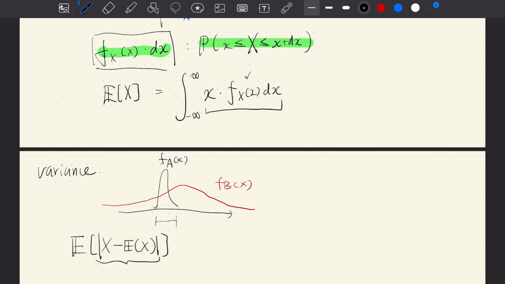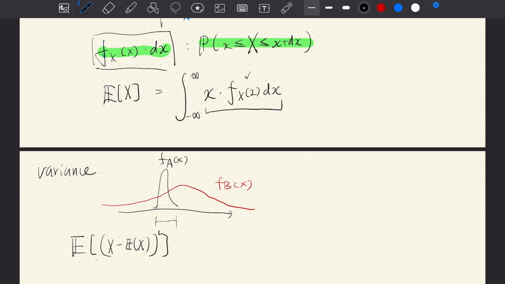But in math, we find that this expression is hard to maneuver because it does not have very good mathematical properties. So usually we do not use absolute values. Instead, we use squares.